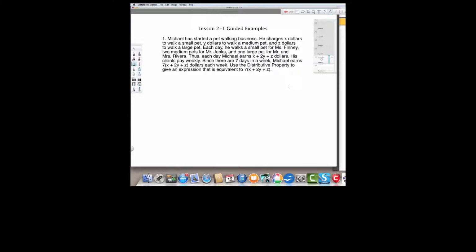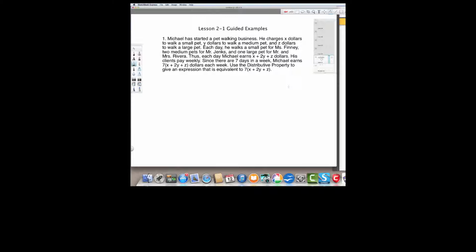So we've got this first one that shows that Michael earns 7(x + 2y + z) dollars each week. All they're asking you to do here, after all this language, is use the distributive property to give an expression that is equivalent to 7(x + 2y + z).